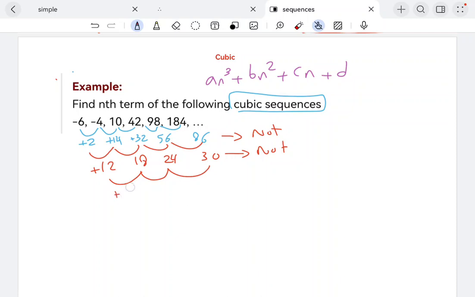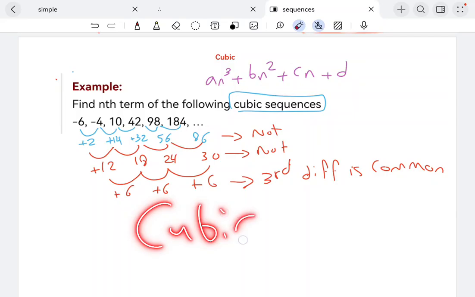As you see, plus 6, plus 6, plus 6, the third difference is common. So it is a cubic sequence.